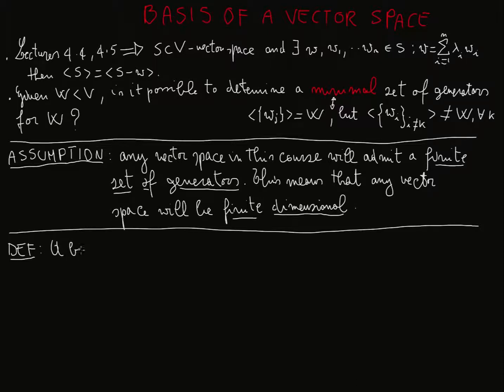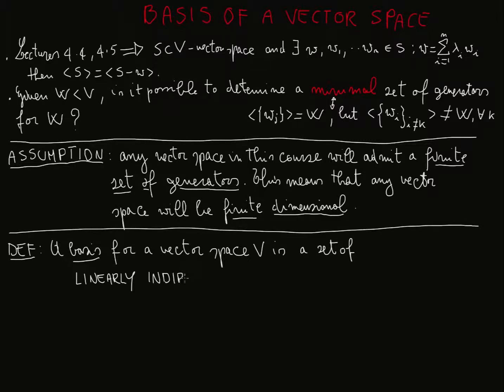So a basis for a vector space V is a set of linearly independent generators of V.